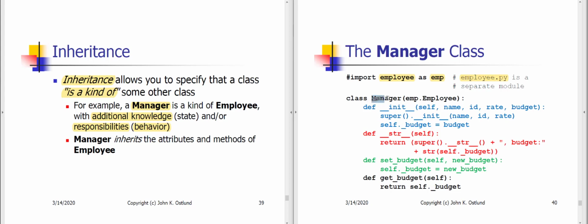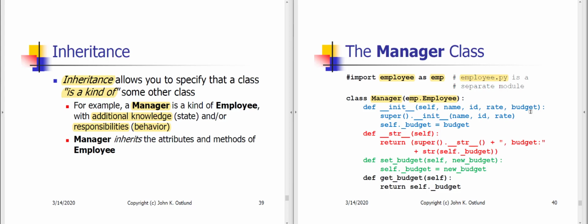The notation up here says that manager is a class. It is a kind of employee. Okay? So in parentheses, we give the name of the class that this derives from. I'm trying to think, okay, I do too much C++ programming. In C++, these are referred to as, employee would be the base class, manager would be the derived class.